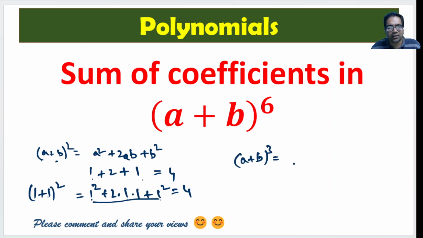If you want the sum of coefficients of (a plus b) whole cube, it's a cube plus 3a square b plus 3ab square plus b cube.